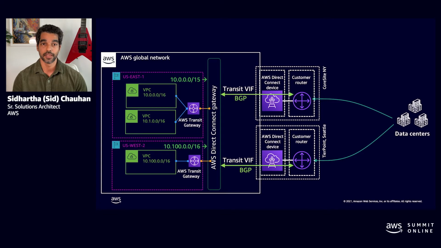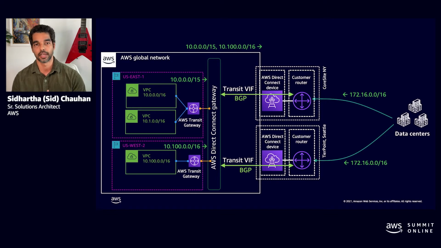This gives you a nice advantage of keeping things simple and not advertising a whole range of IP ranges, just summarizing them and keeping them manageable. Direct Connect Gateway learns these IP ranges and advertises it downstream to your routers. And as we talked previously, you can advertise your ranges to AWS Direct Connect Gateway, and AWS Direct Connect Gateway is going to propagate those IP ranges in the Transit Gateway route tables.